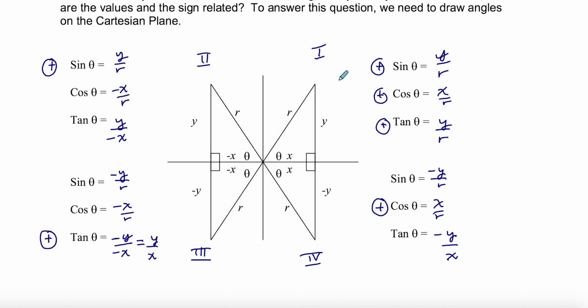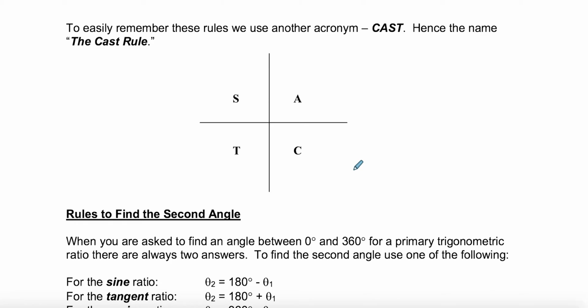In this quadrant here, all are positive, so A for all. S, the sine is positive in this quadrant, and T, the tangent is positive here. So that's the CAST rule. It's a little bit tricky because this is quadrant 1, and we always start our quadrant counting up here in the top right, but the CAST rule starts down here. So C-A-S-T: cosine's positive, all are positive, sine is positive, tangent's positive.